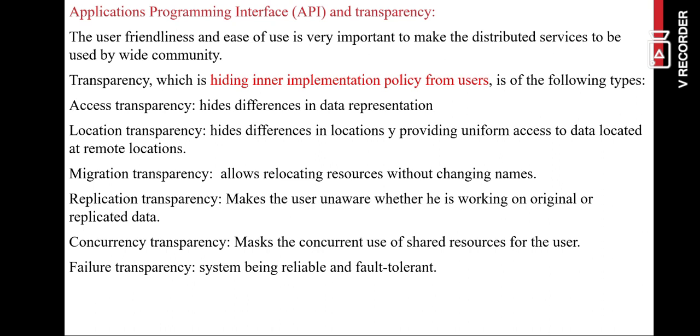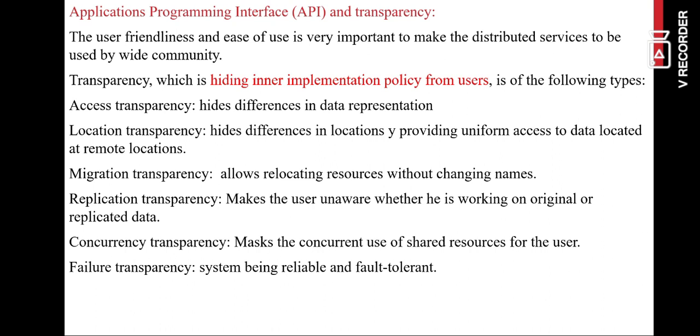It hides the differences in data representation. As I told, in distributed system, heterogeneity is a main thing. Each and every computer can use its own data representation. With the help of access transparency, we can hide such differences in data representation.